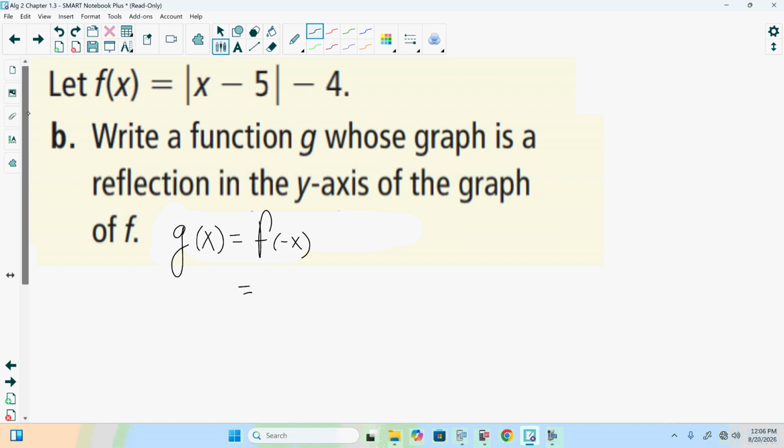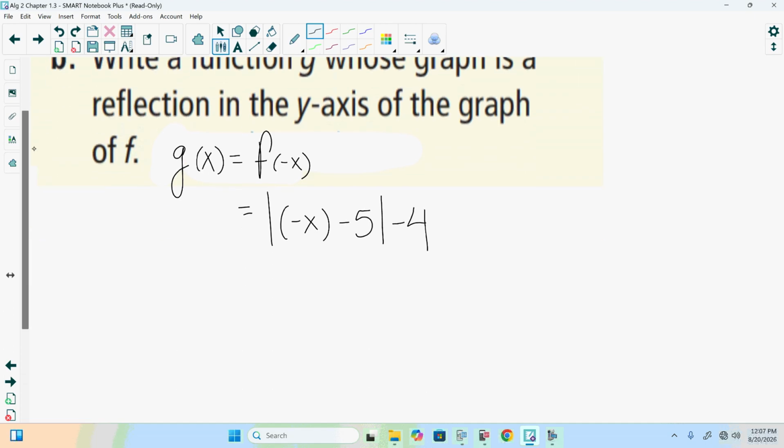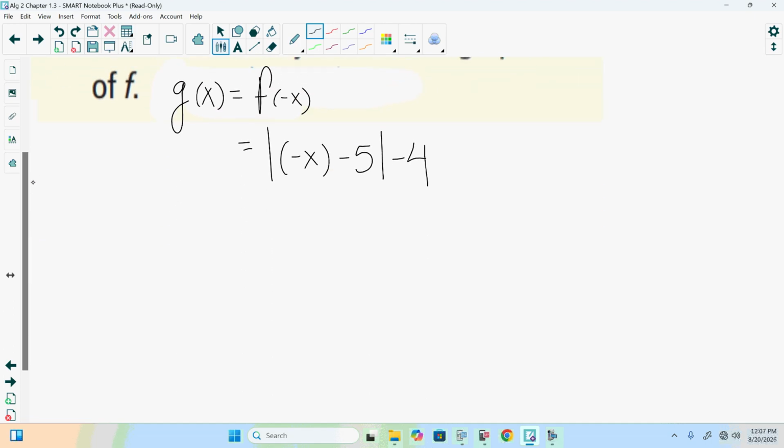Now we don't have f of x anymore, we have f of negative x, which means every x in f of x has to switch to negative x. Everything else is going to stay the same.